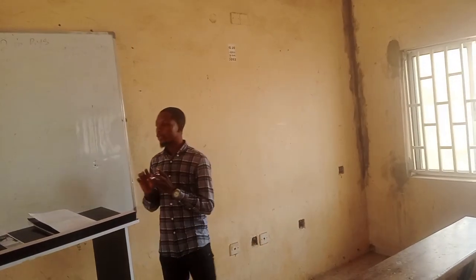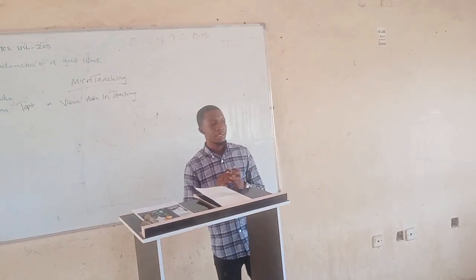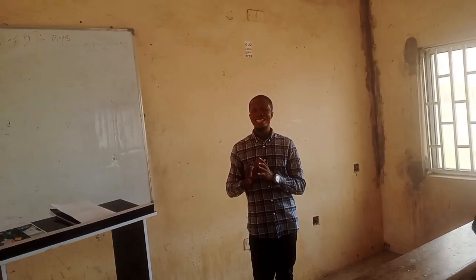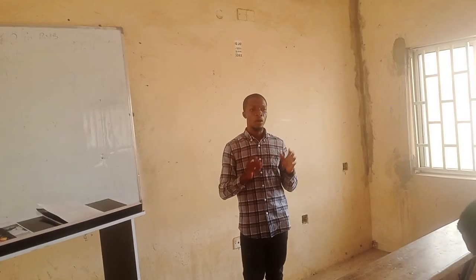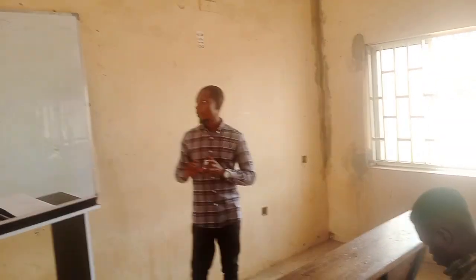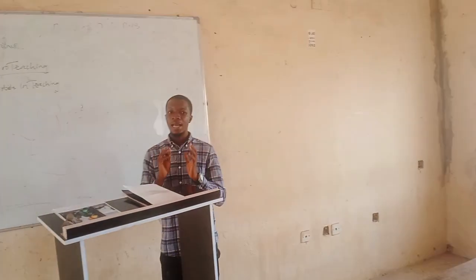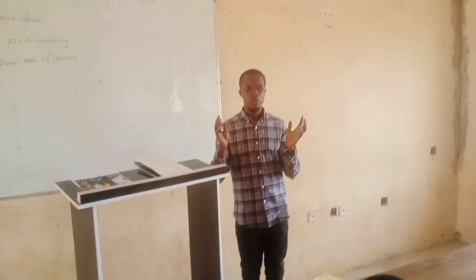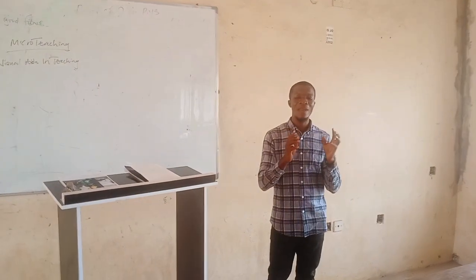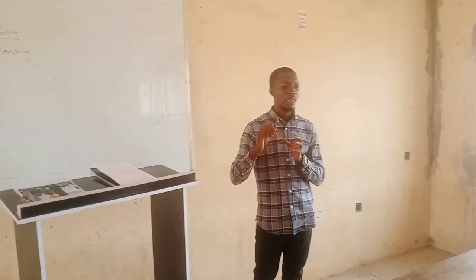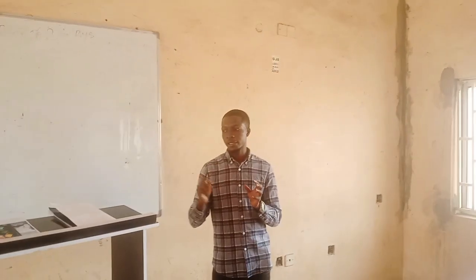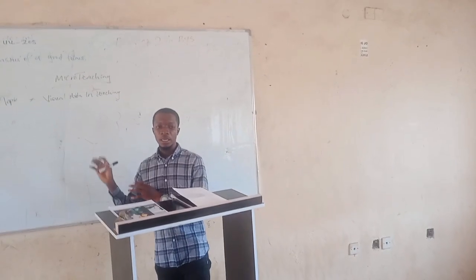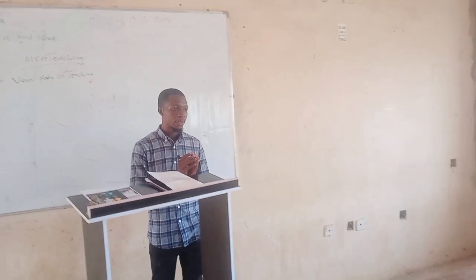Now, if we want to put visual into teaching, how will visual help in imparting knowledge to the students? Visual has to do with symbols, pictures, and images, to enhance more understanding in imparting knowledge to the student. That is what it means by visual in teaching. Is that clear, students?